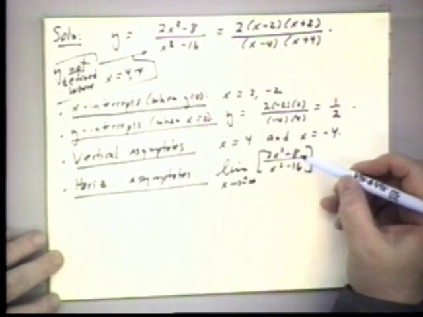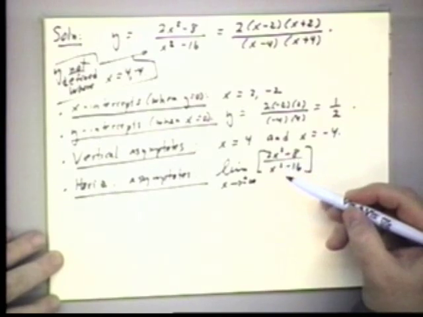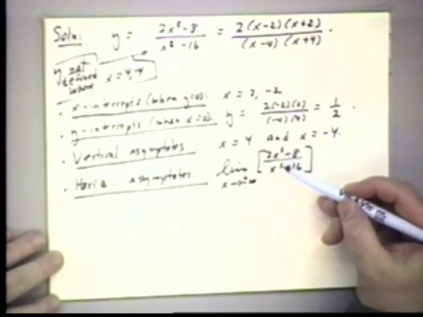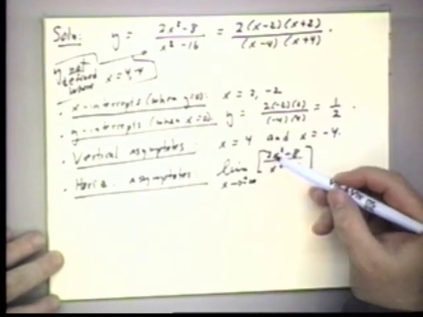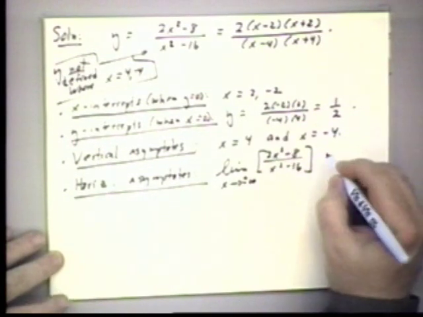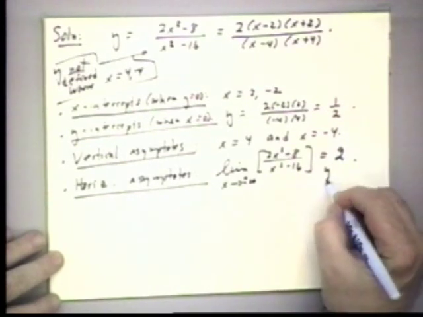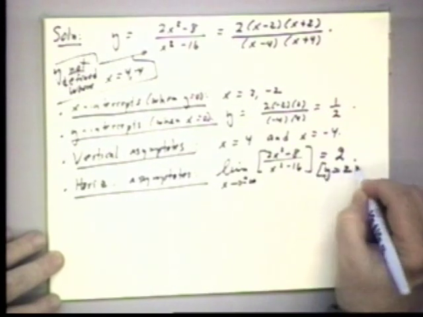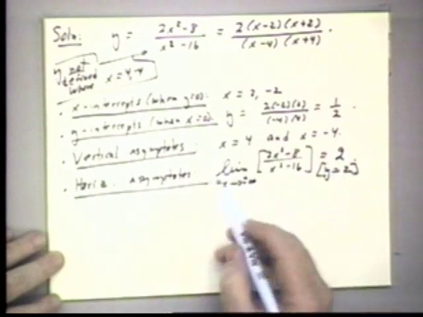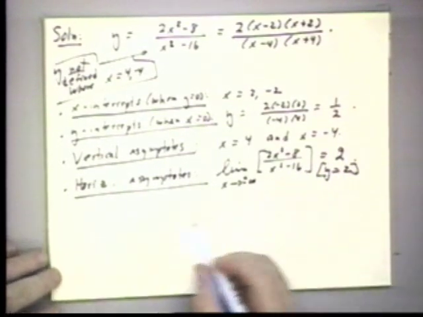And from what I know about taking the limit of rational functions as the x's go to infinity, if the powers are the same, then I just get the coefficients of those two powers. So I get 2 over 1, which is just equal to 2. So that means I have a horizontal asymptote y equal 2, which is the line that the function approaches as x goes far to the right or far to the left.